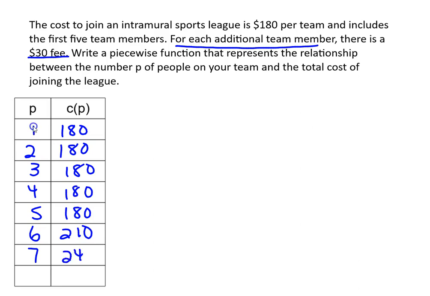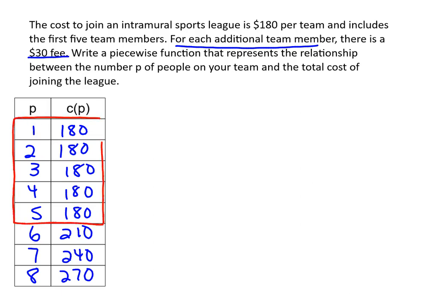So that would be $240. If we have 8 people, we'd obviously have to pay that $30 fee 3 times, which is $90. Added to the $180 would be $270.